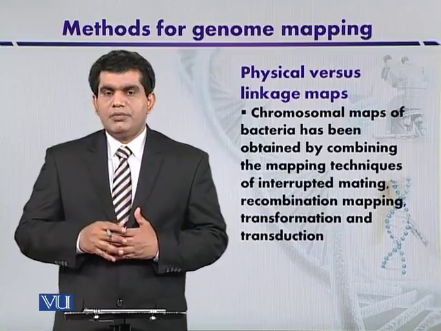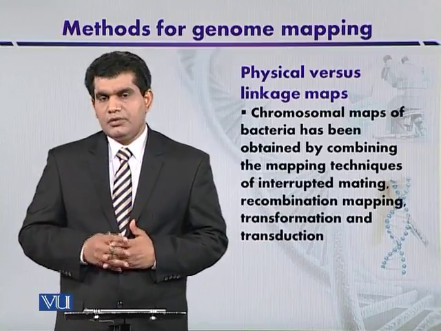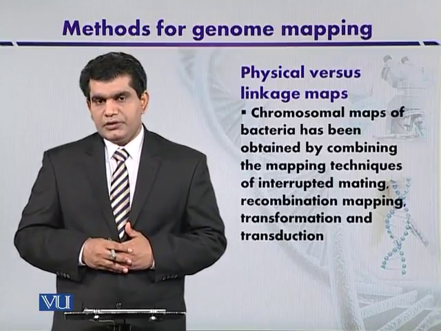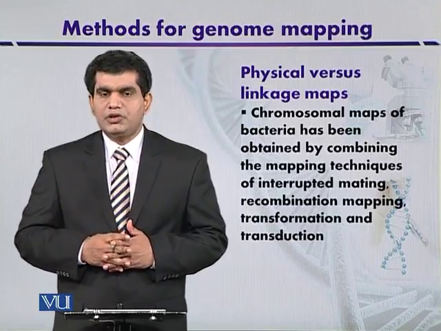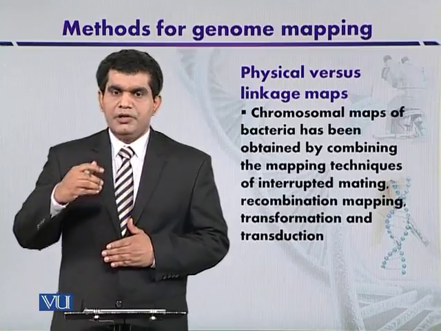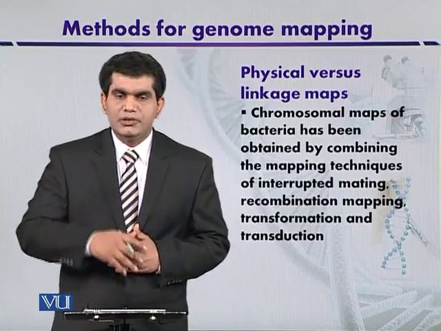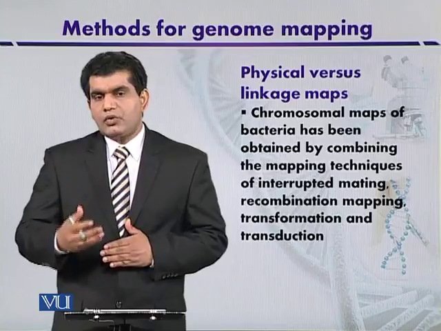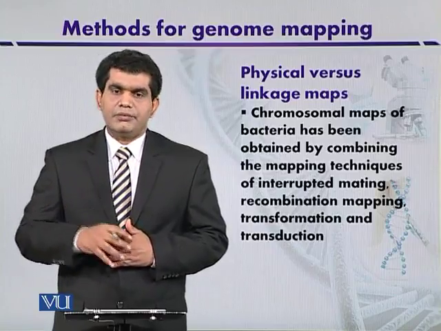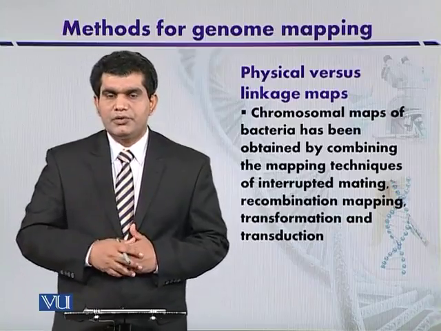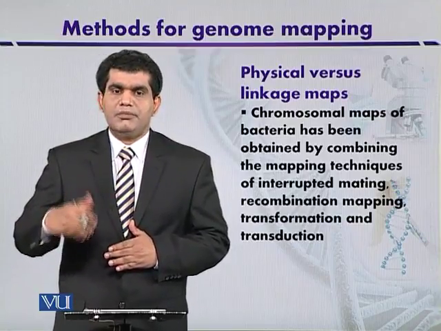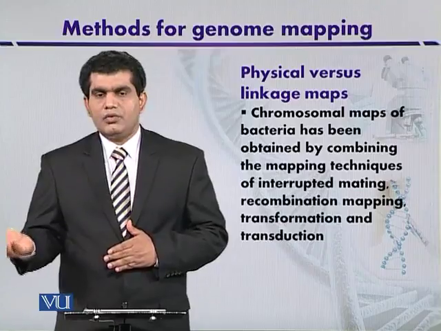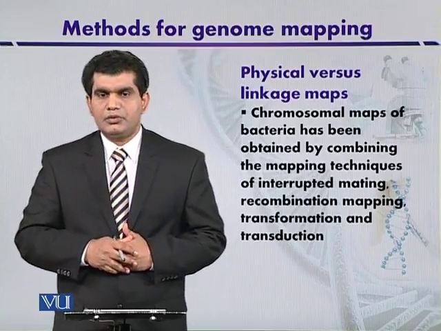Now if we take the example of very simple microbes like E. coli or bacteria, a number of maps have been obtained and different techniques have been used, like interrupted mapping, recombination mapping, the process of transformation, where microbes can take naked DNA from the environment, and transduction, where vectors like bacteriophages can transfer DNA from one host to another microbe.